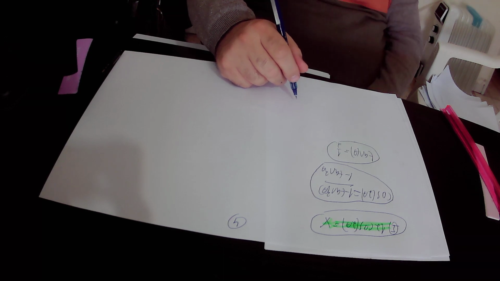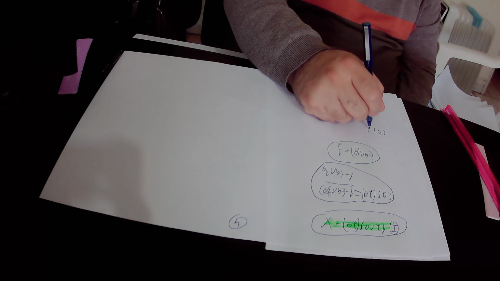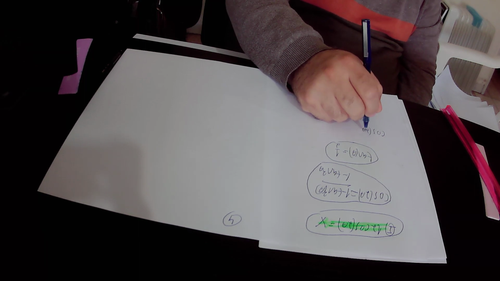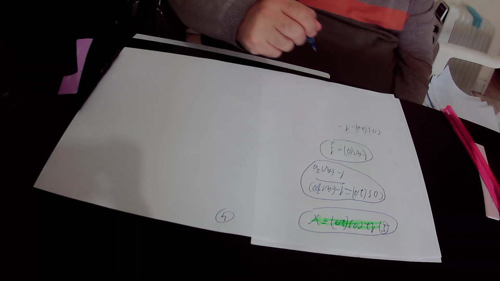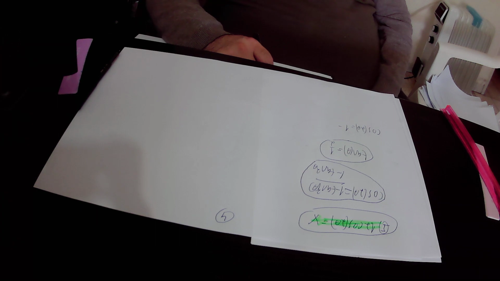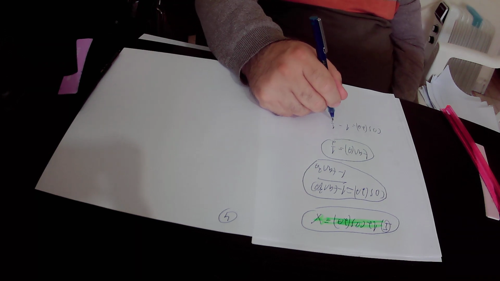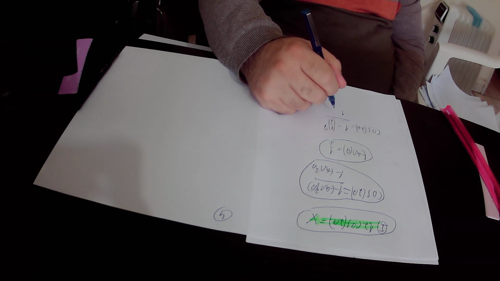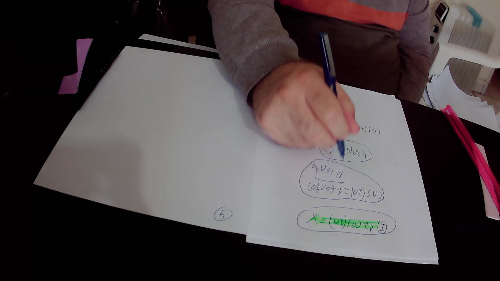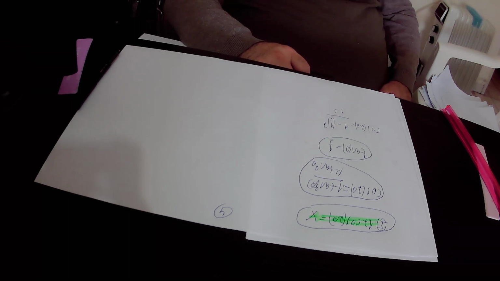We'll do it now and we'll get that cosine 2 theta equals 1 minus tangent square theta. Tangent theta equals 1 half, therefore tangent square theta will be equal to 1 half squared, over 1 plus tangent square theta.